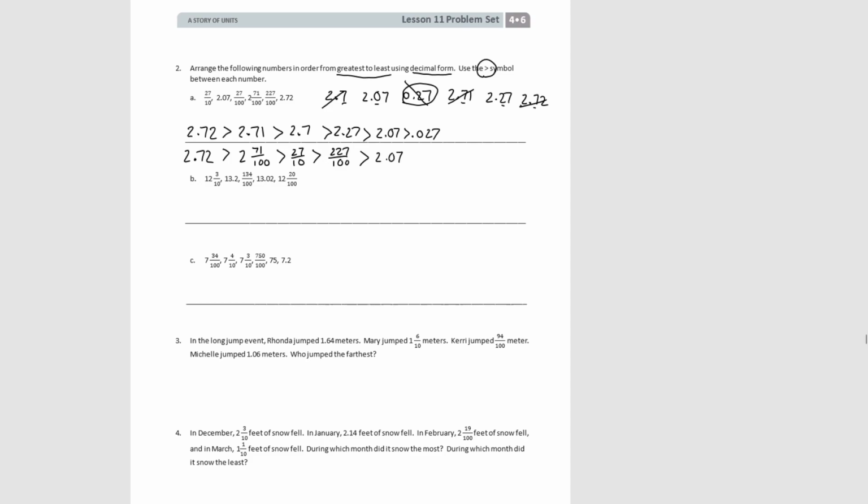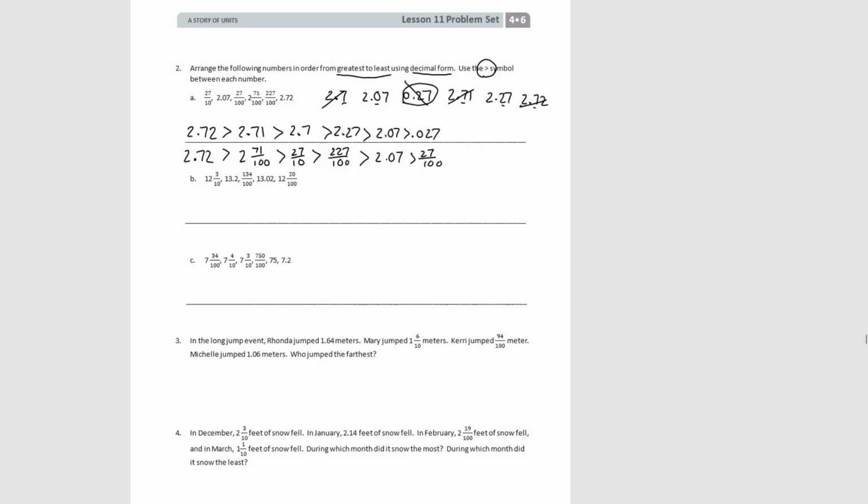And finally 27 hundredths was written as a decimal. Okay, so I ordered these based on turning them into common units, and then I also showed them in their original units.